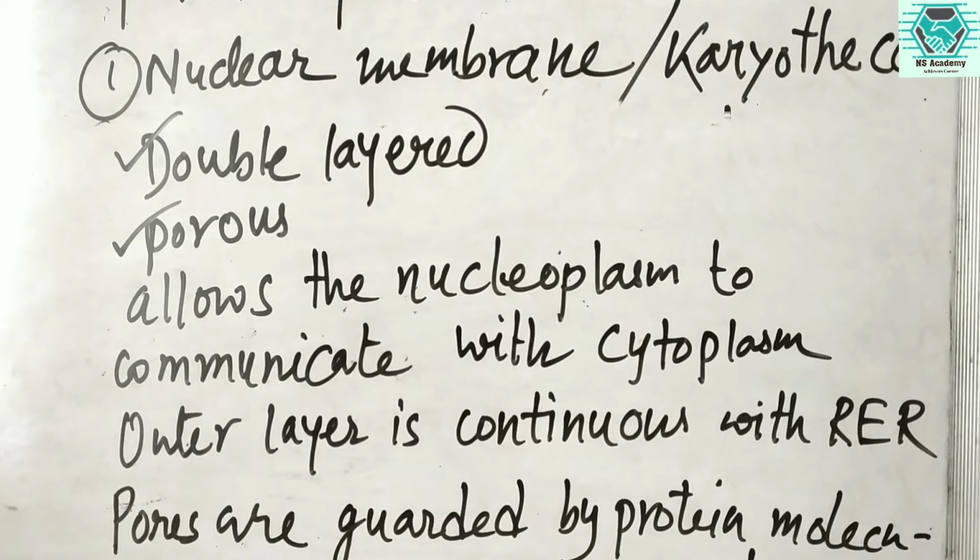As we know, the nucleus is present inside a cell, and through the pores the nucleoplasm can communicate with the cytoplasm, and these pores allow the mRNA to come out and attach to the ribosomes present on the rough endoplasmic reticulum.